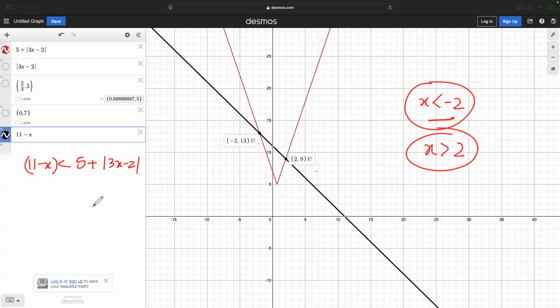And that is why my final answer should be x less than minus 2 or x greater than 2. Done. That's it. Once you have sketched them, looking at the points of intersection should be good enough.